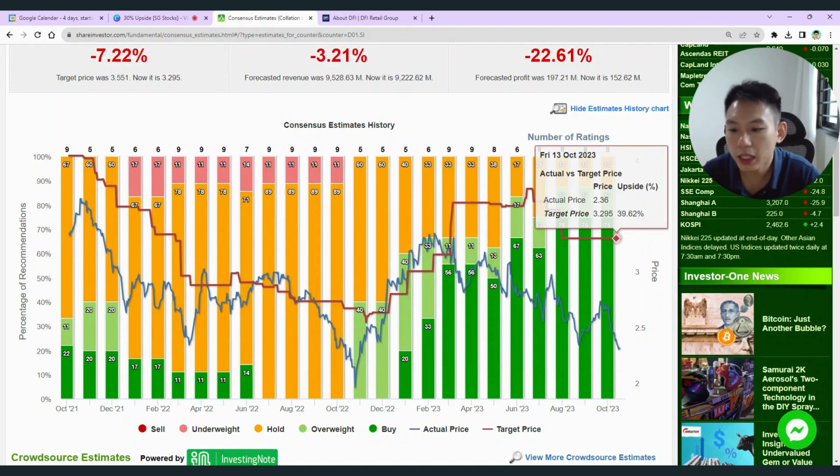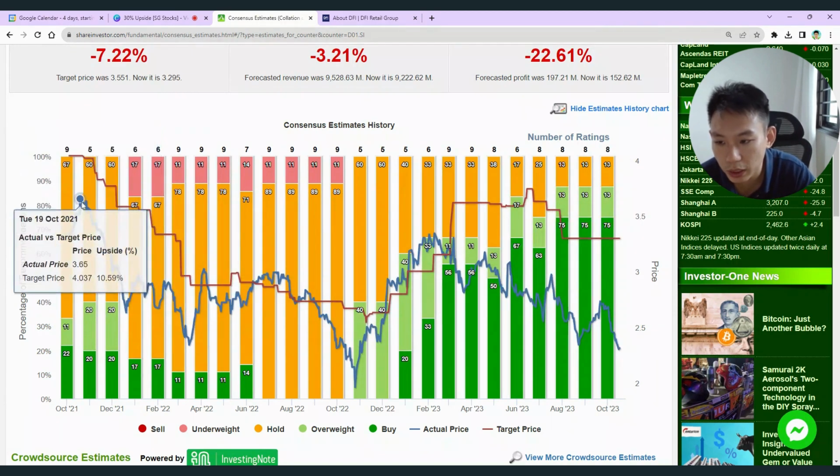In a way, they are factoring in that all the cost-cutting measures are being done, and Dairy Farm Group is on the way to recovery, and that's why they started to increase the target price again.